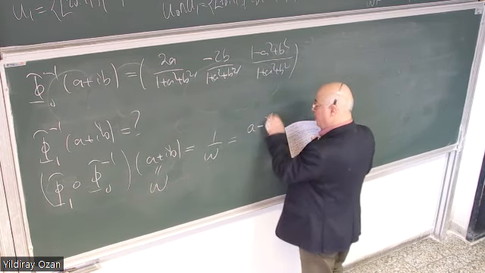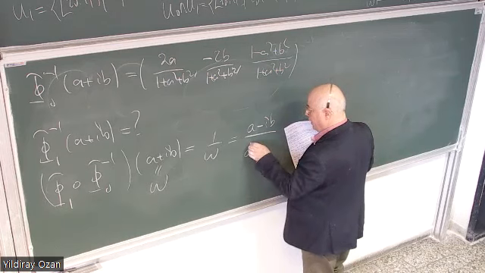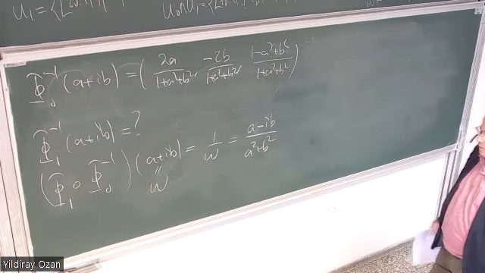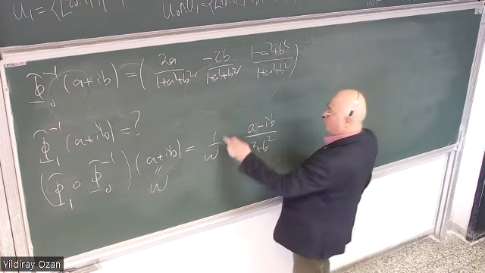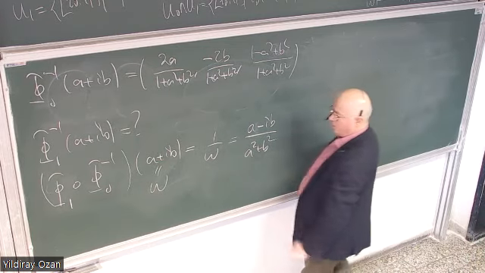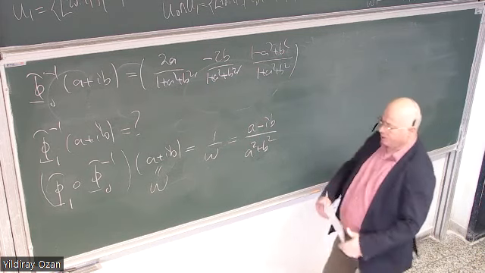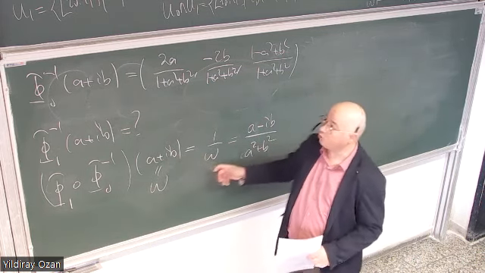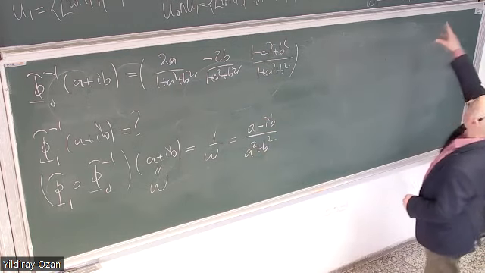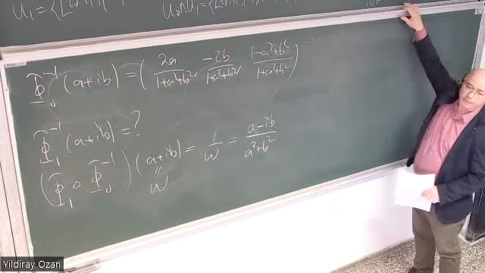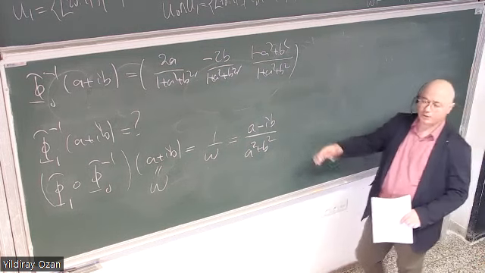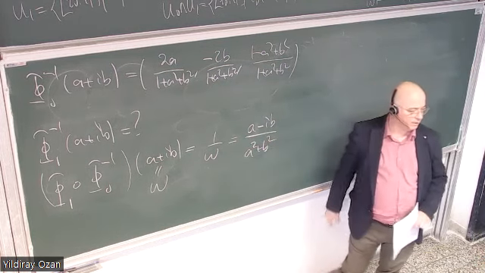A minus IB divided by A squared plus B squared. Değil mi? Konjugasiyle çarpacağım. Tamam. So this map is just W goes to 1 over W. The same map actually. Yani aslında aynı koordinat sistemi, başka bir şey değil.